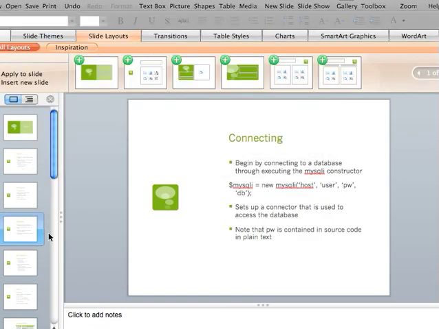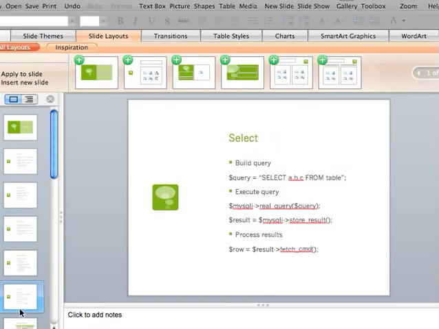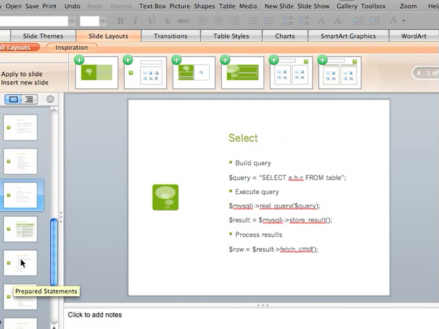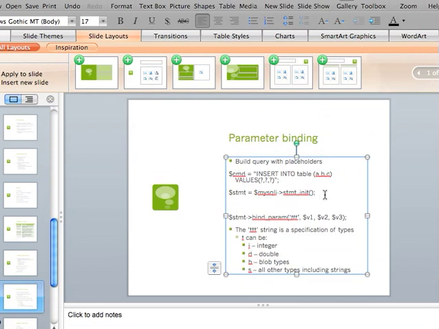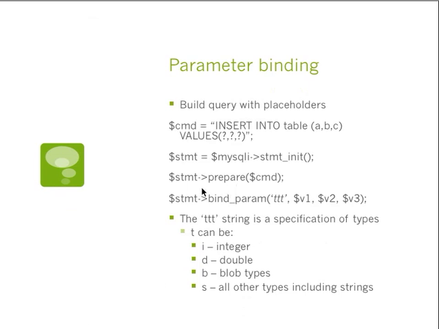Before I do that, let's make the modification to this because it is missing something. Then I need to do a statement dash prepare command, prepare the command, and then you bind the parameters.